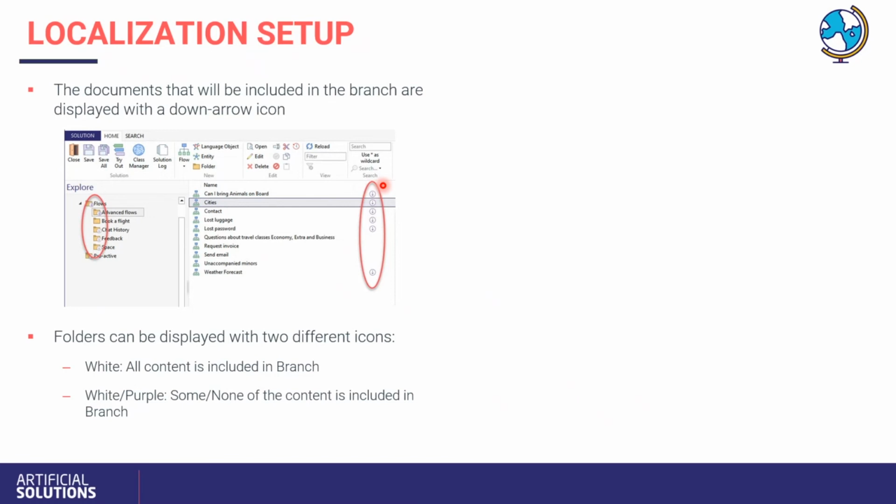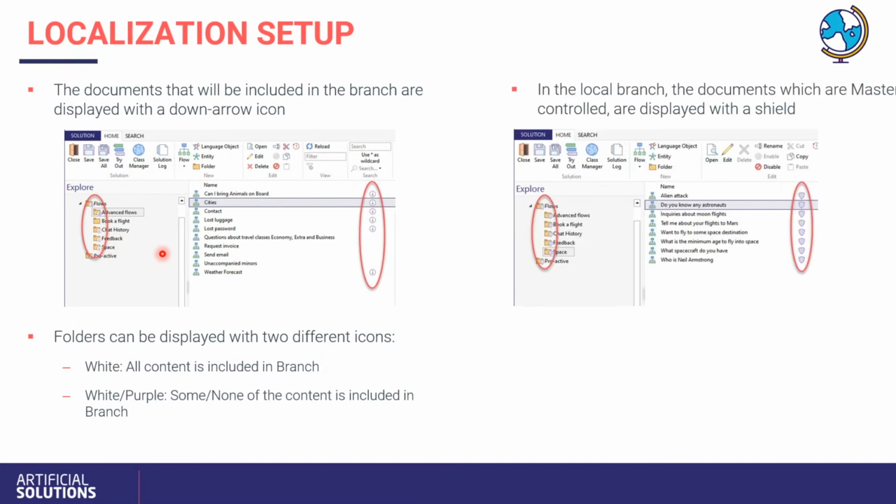But if you see that it's half purple, half white, that means that it's a partial selection. Okay, so as in the example you can see here, there are some flows here that have not been selected to be included, but the others have. Okay, so that means that on the exploration panel here, we will have two colors on the icon.